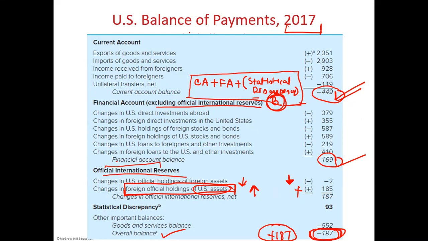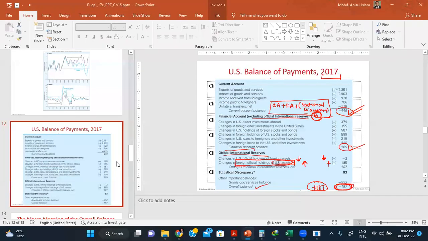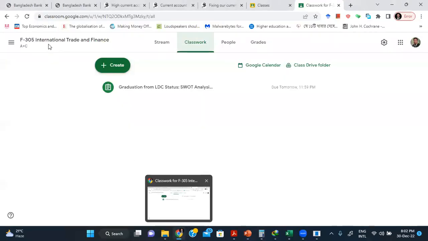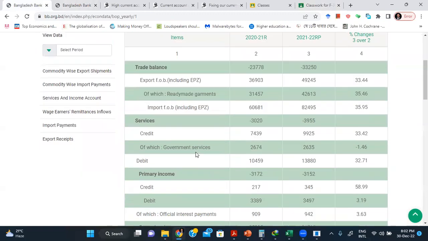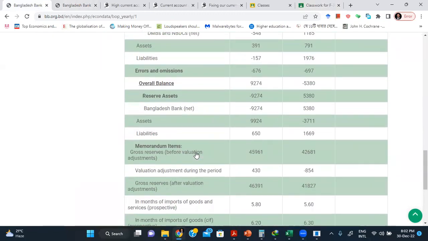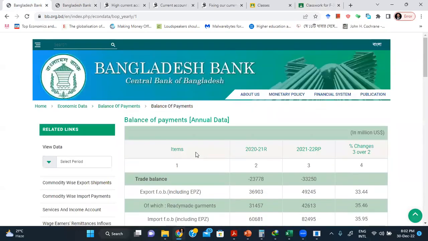But let me show you our balance of payment again. Do you see my screen? I'm on the Bangladesh Bank website.